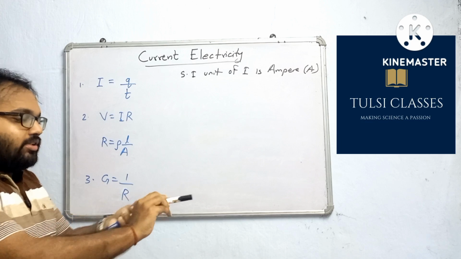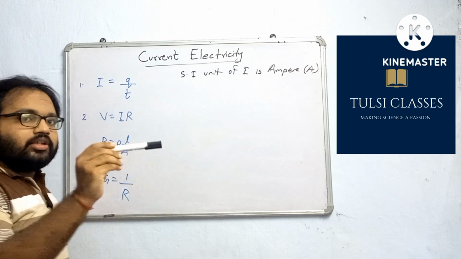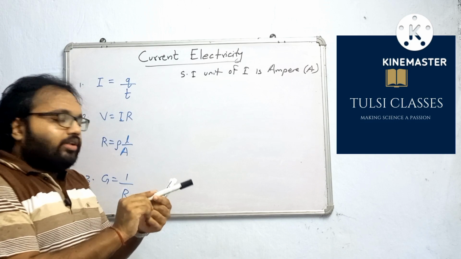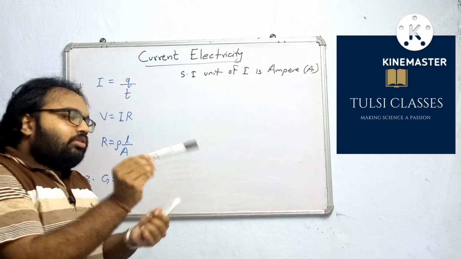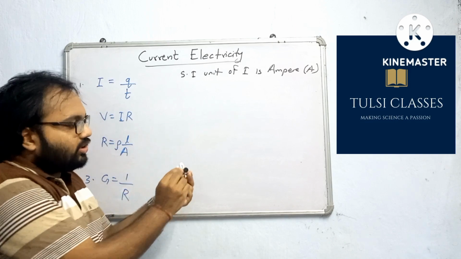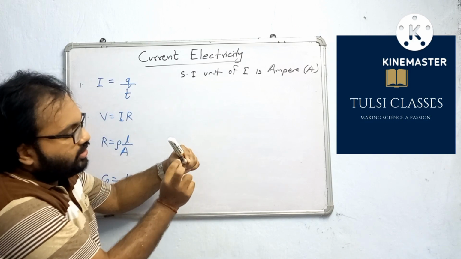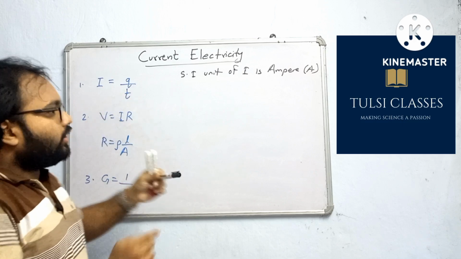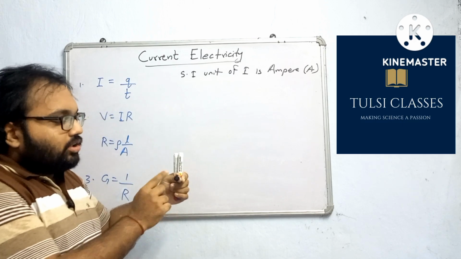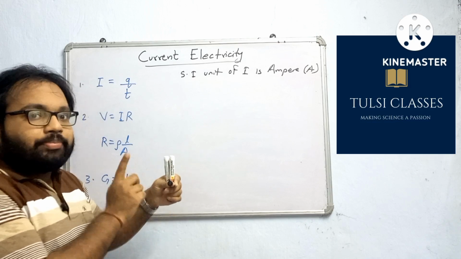If any conductor is there, this is a conductor, this is a wire, suppose of this thickness. Actually in real life this thickness wires generally we don't use at home. So this thickness of wire is there, its cross sectional area is there. So charge passing through any cross sectional area per unit time.